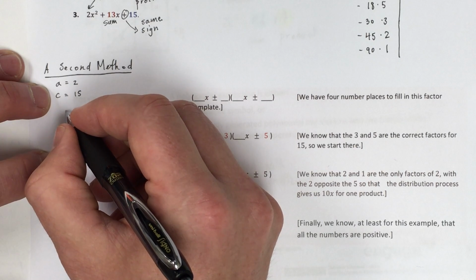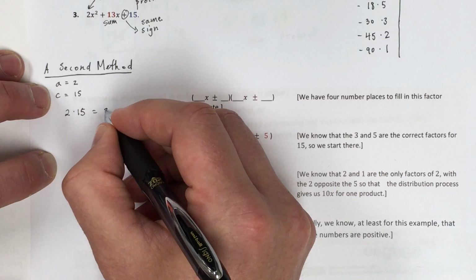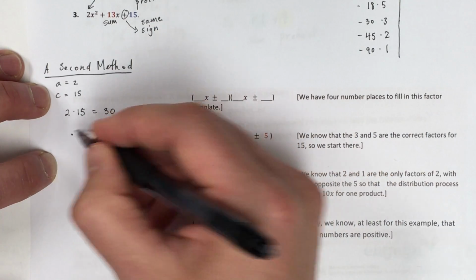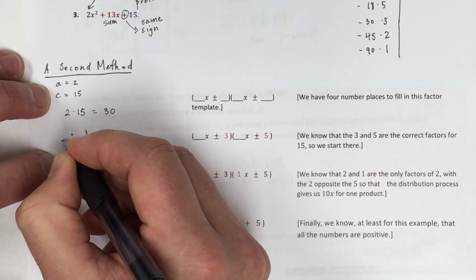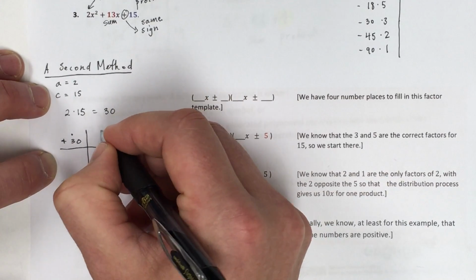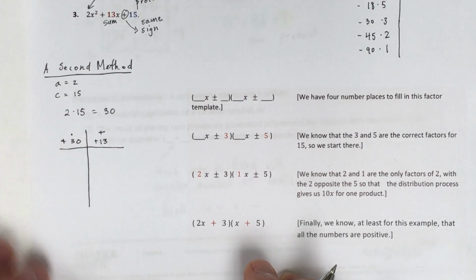I'm going to multiply 2 times 15, which gives me positive 30. I'm going to make my list based on this positive 30. And then again, the sum is the same term, the positive 13.